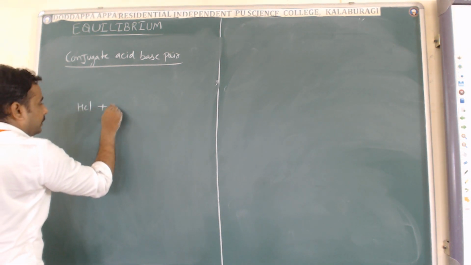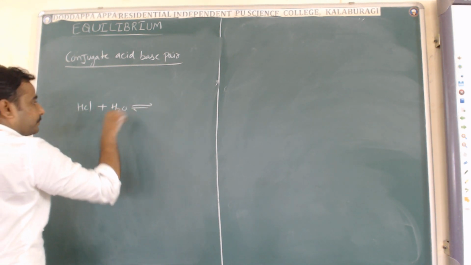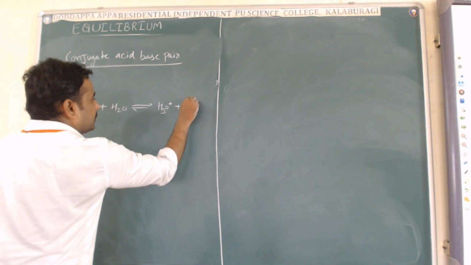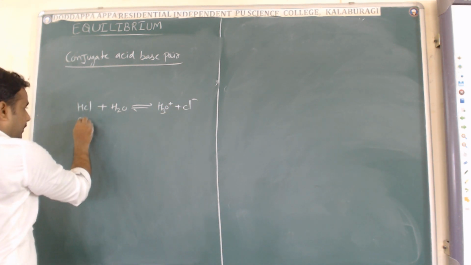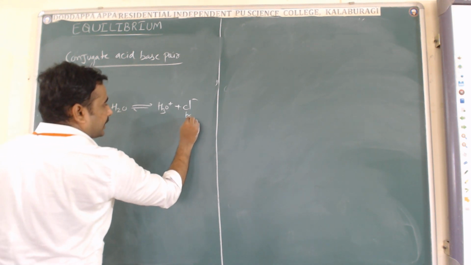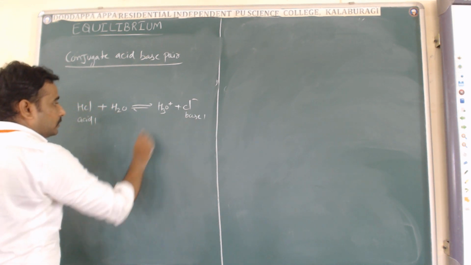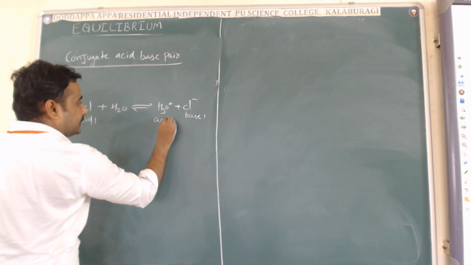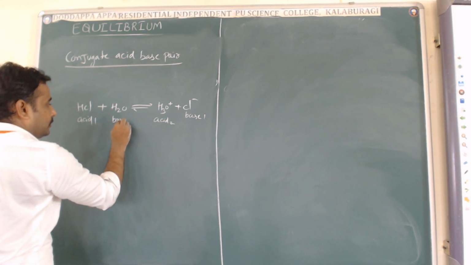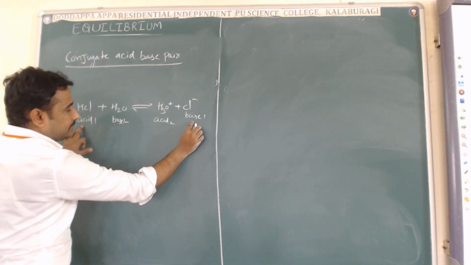When you add HCl into the water, H2O, it gives H3O plus and Cl minus. So this is acid 1, and Cl minus acts as base 1. This one acts as acid 2, and this acts as base 2.